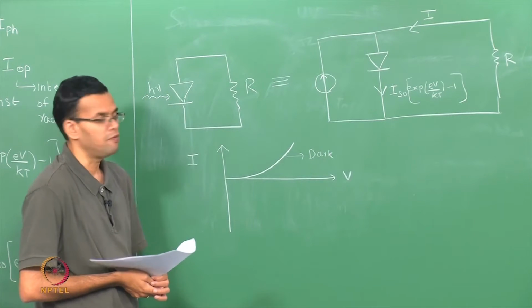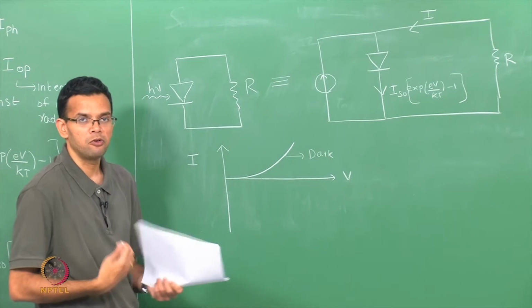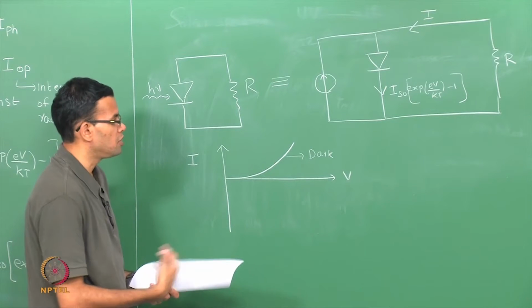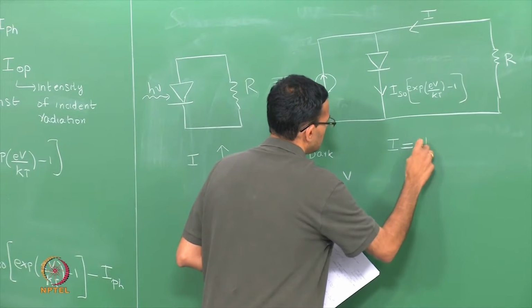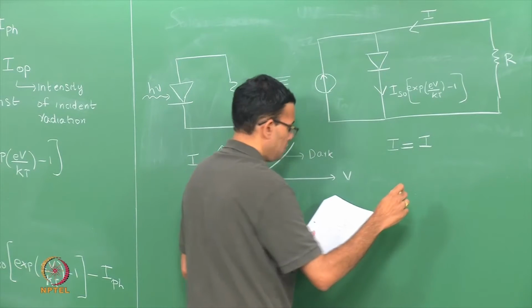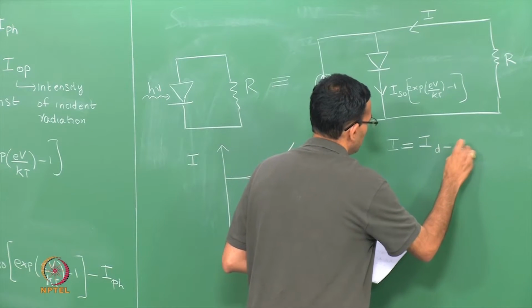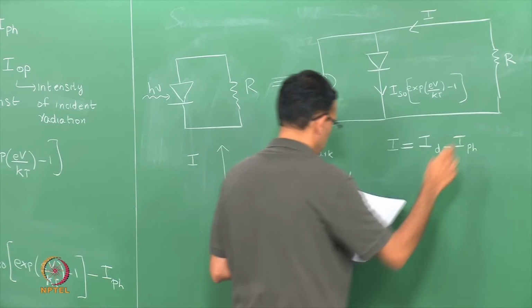We found that when we shine light, we have a photo current that opposes the forward bias current, so that the net current is ID minus IPH.